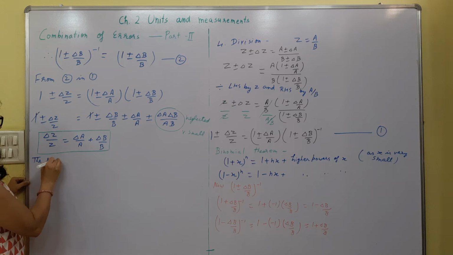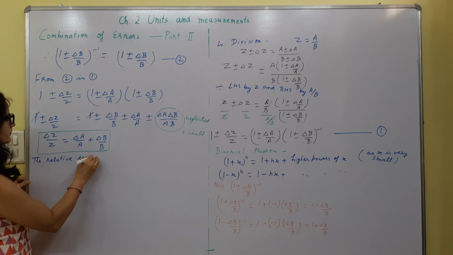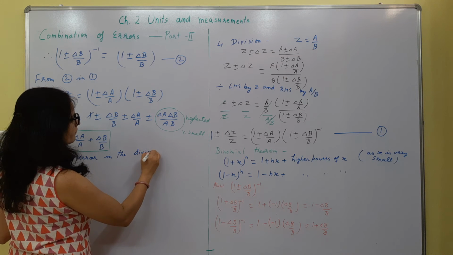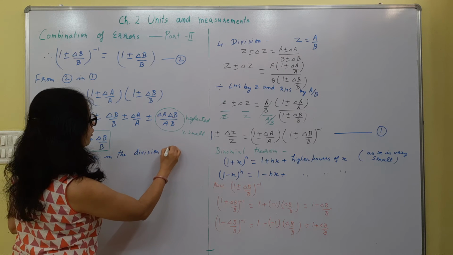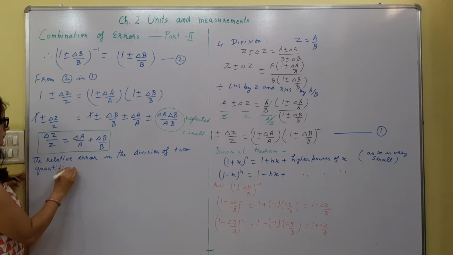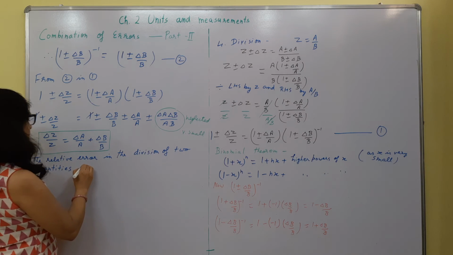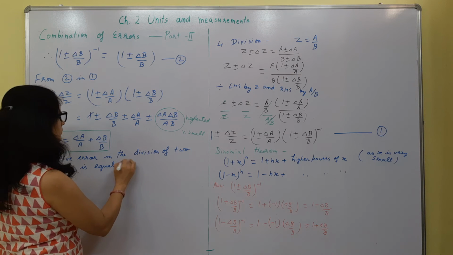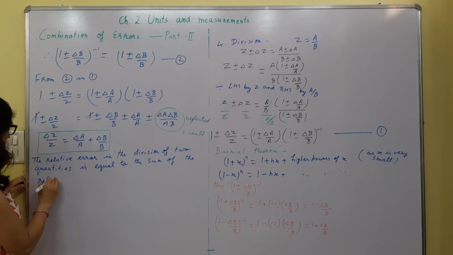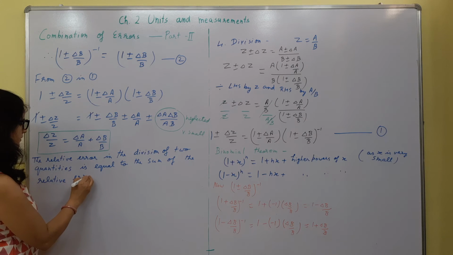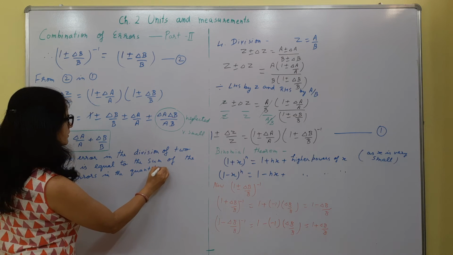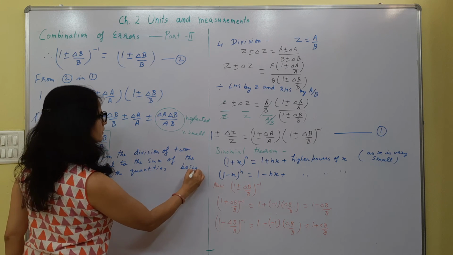The relative error in the division of two quantities is equal to the sum of the relative errors in the quantities being divided.